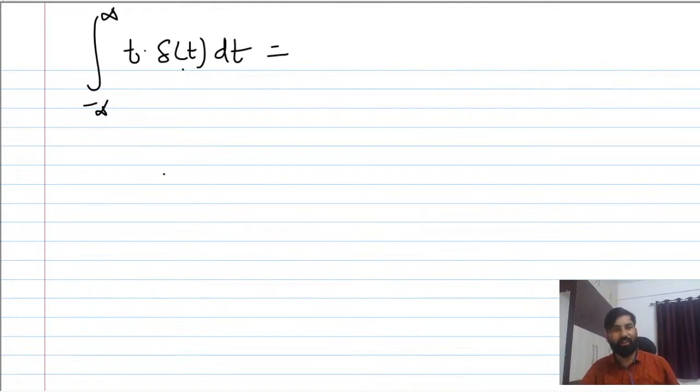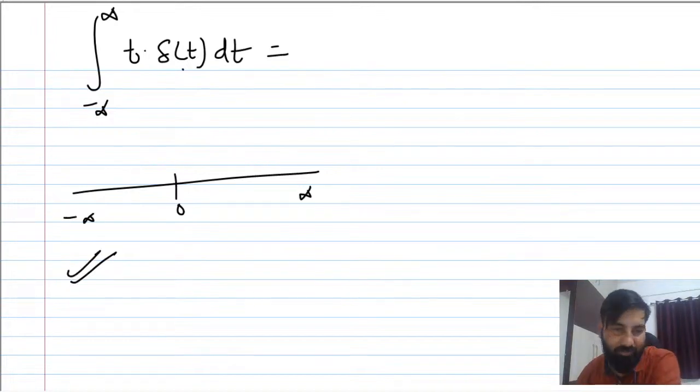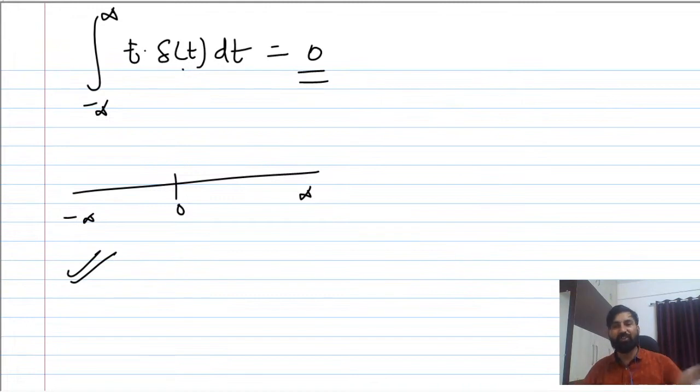First we are able to ensure that. Then delta t exists at t equal to 0, so you put 0 here. So this answer will be 0, because the function itself becomes 0. x of t is 0 at t equal to 0. Your integral will be 0. So this kind of question you have to keep in mind.